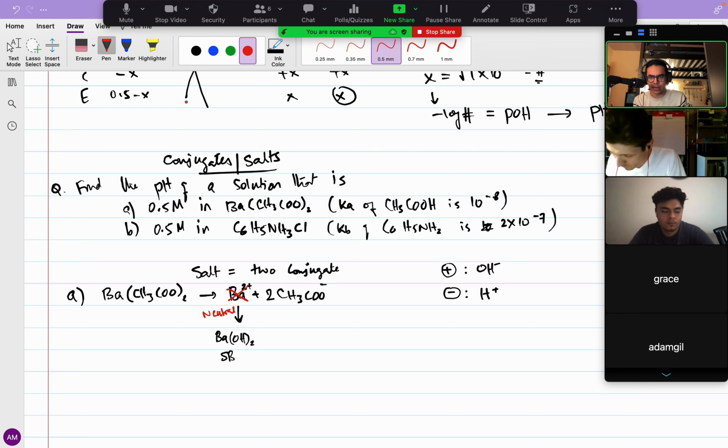But let's just check, because sometimes, and this is a trick question that they like to give, they'll give you both conjugates as neutral. Example, NaCl. Na comes from NaOH, Cl comes from HCl, both of which are strong base, strong acid. So this is neutral and this is neutral. Can you guess what the pH of a solution of NaCl would be?